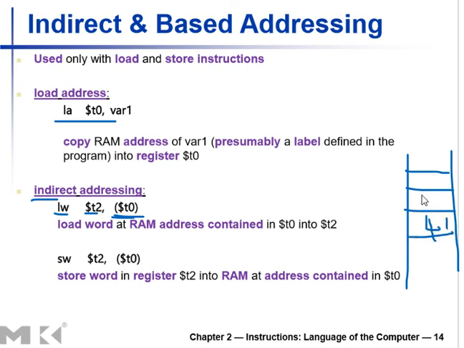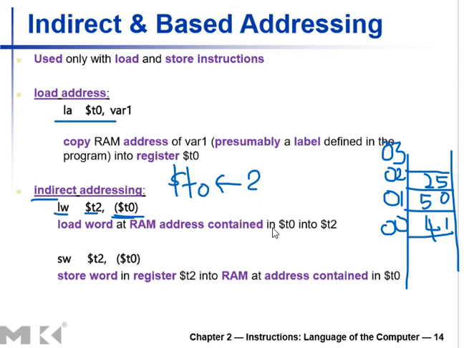Let's say this having a value 41 and 50 and 25, etc. Let's assume this is address 0 and this is address 1 and this is address 2 and this is address 3 and etc. Let's assume register T0 contains the address, maybe 2. Then what is the value of register T0? 2. Register T0 contains 2.